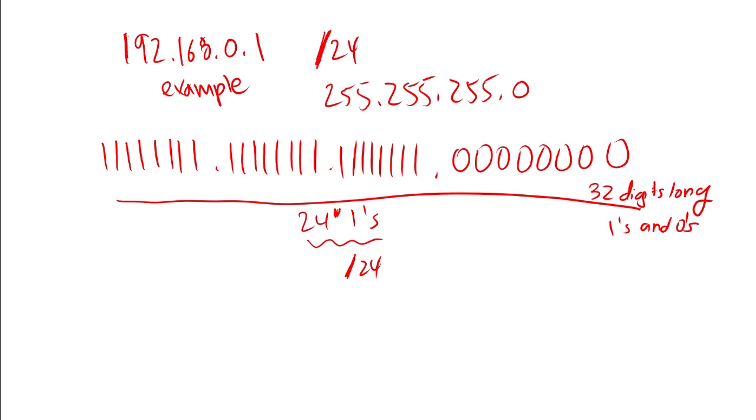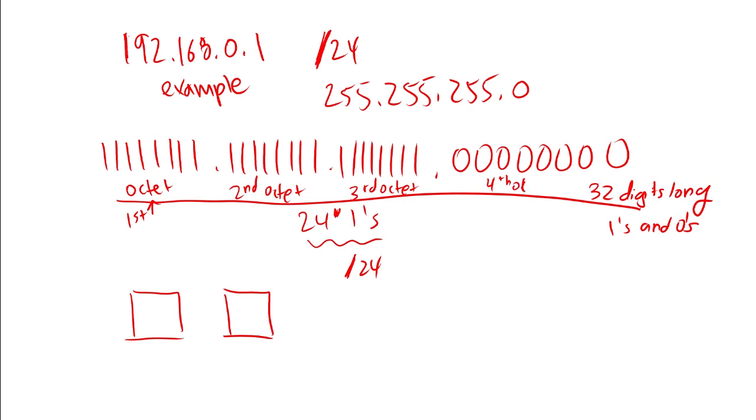And then remember from before, we call this an octet. So this is the first octet, this is the second octet, this is the third octet, this is the fourth octet. And this corresponds to this, and this corresponds to this, and this corresponds to this, and this corresponds to this.